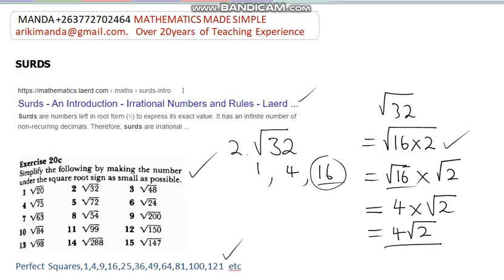This is the answer. So basic rule, we divide the number under the square root sign with the largest possible perfect square. In other words, we break it into two numbers, the other one being the largest possible perfect square and the remaining number. This is the answer that we get.